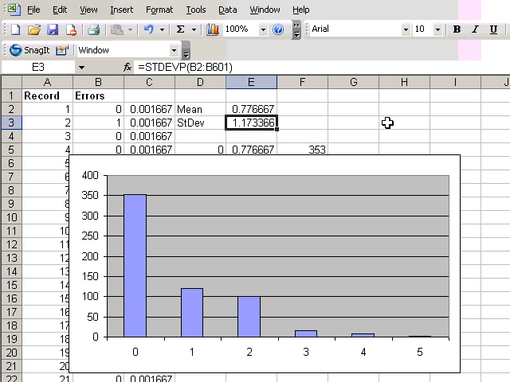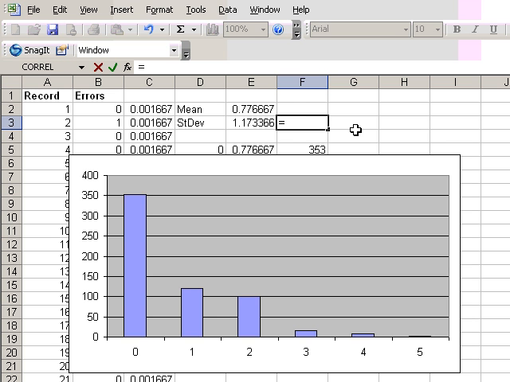The standard deviation of the mean values, which is called the standard error of the mean, is equal to the standard deviation of the population data divided by the square root of the sample size.